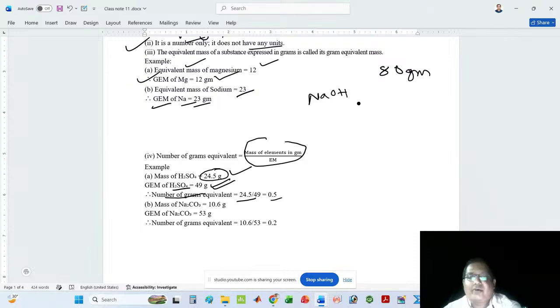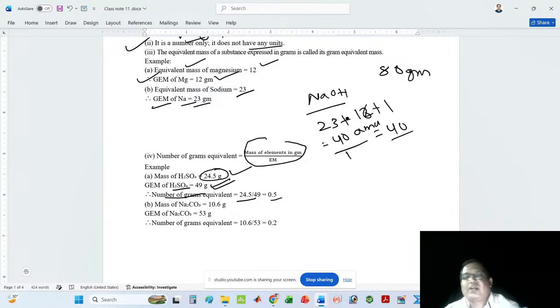How will you find it? At first, find the equivalent mass of sodium hydroxide. Here I can write the equivalent mass is 23 plus 12 plus 23 plus 16 plus 1, that means 40. 40 is the atomic mass. By dividing by the valency, you can find the equivalent mass, 40. Here the equivalent mass is 40 and the atomic mass is also 40.